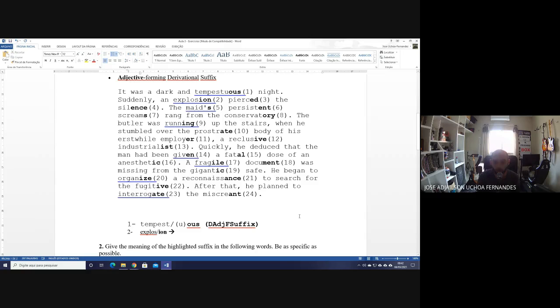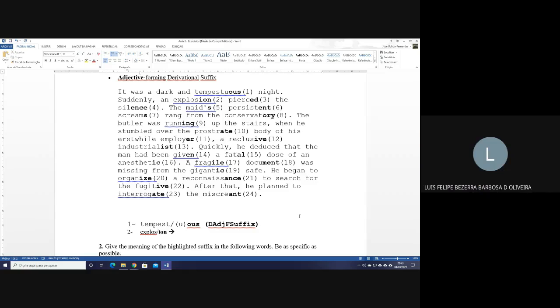Can you form other words? Explosion comes from what? Maybe its sister, explode.